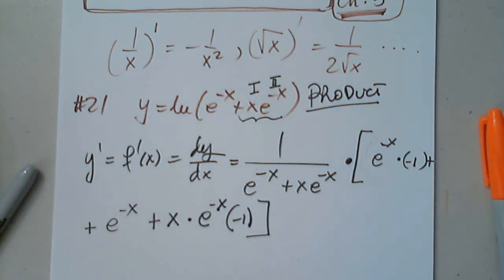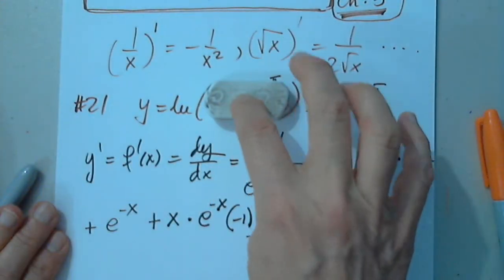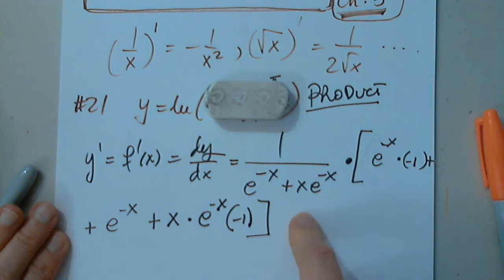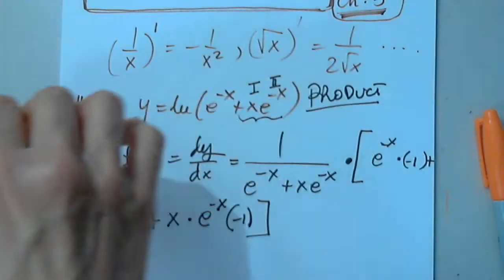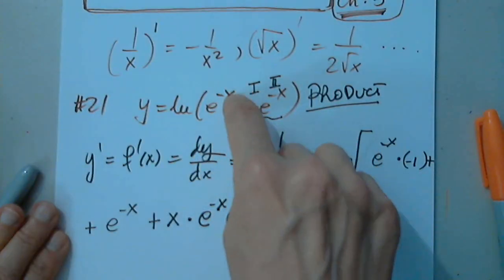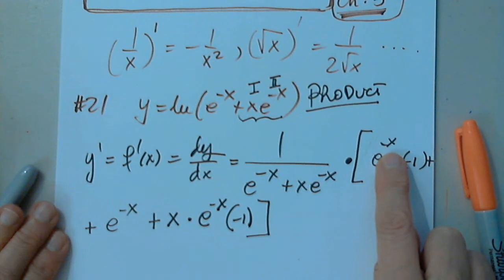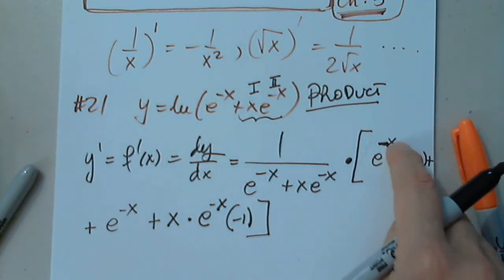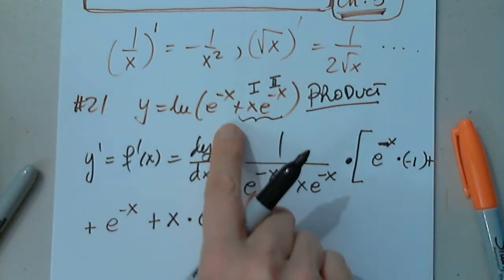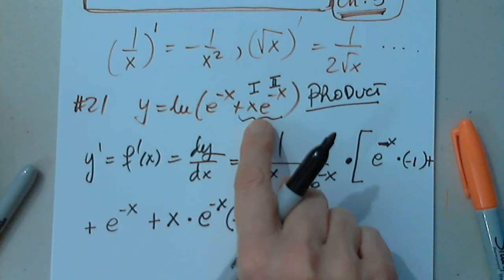Okay, let's repeat this. Natural log of a function prime is 1 over the function times that function prime. Now, e to negative x prime is e to negative x, but this is not plain x. So if it's not plain x, I have to multiply by the derivative of that, which is -1. Now I reach the symbol plus. I realize that this is a product.